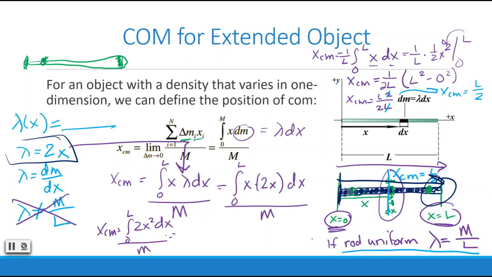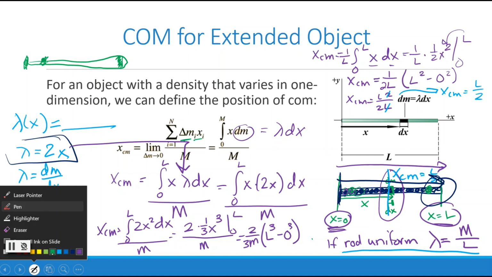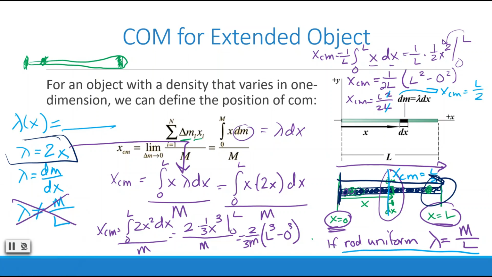When I solve that integral, the 2 is a constant, and then I'm going to have 1/3 x cubed, evaluated from 0 to L, over my mass m. So I'm going to get basically 2 over 3m times L cubed minus 0 cubed. And so in this case, the position of my center of mass is just going to be 2L cubed over 3M.